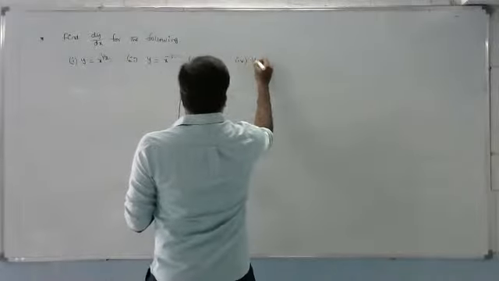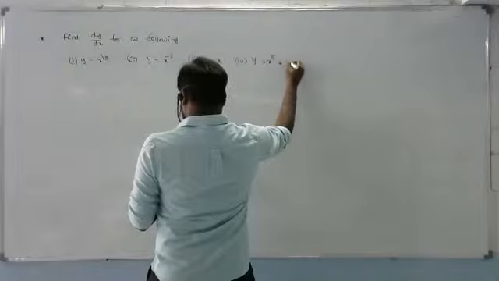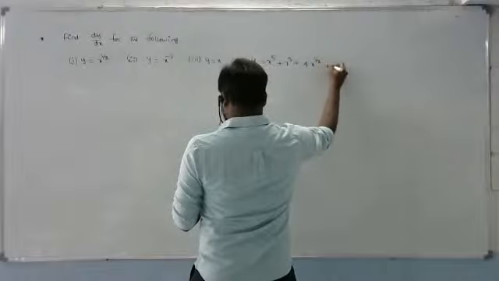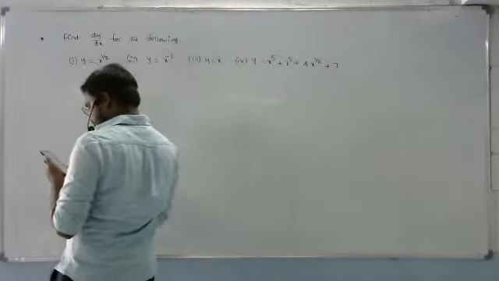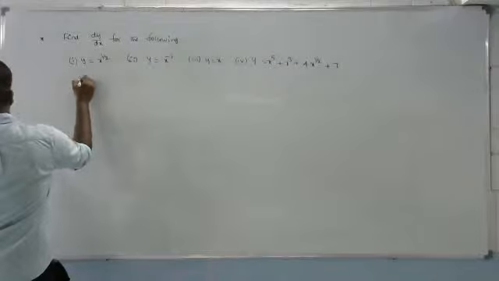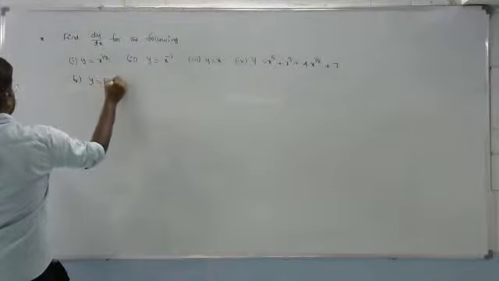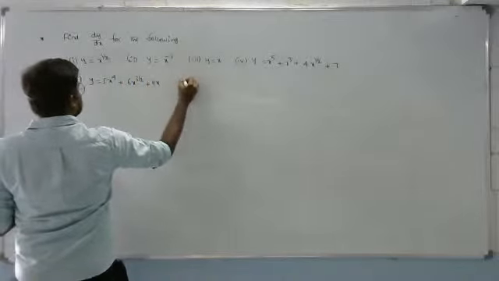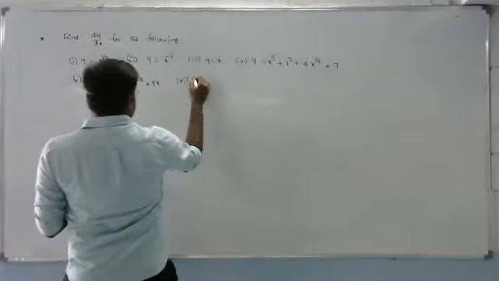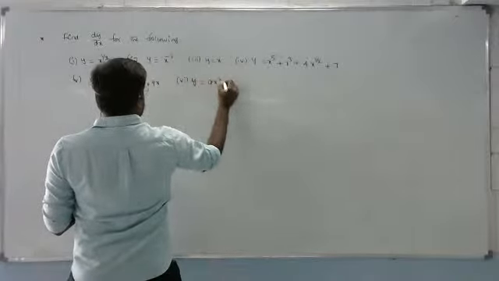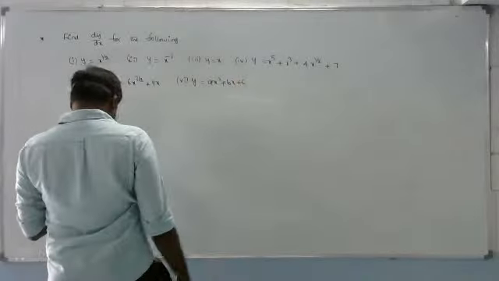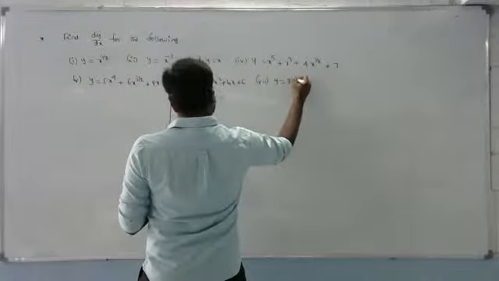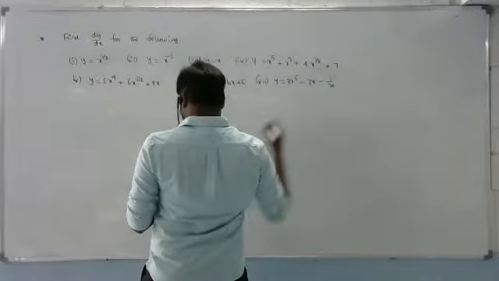Fourth, y equal to x power 5 plus x cube plus 4 into x power 1 by 2 plus 7. Fifth, 5x power 4 plus 6 into x power 3 by 2 plus 9x. Sixth, y equal to ax square plus bx plus c. And seventh, y equal to 3 into x power 5 minus 3x minus 1 by x.